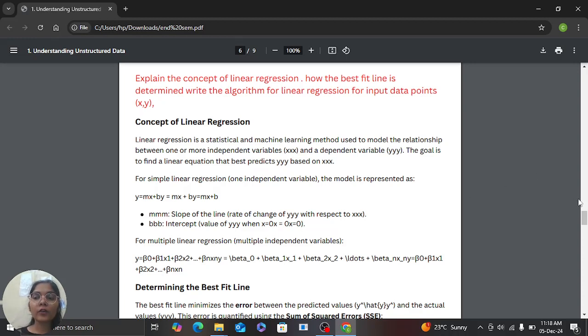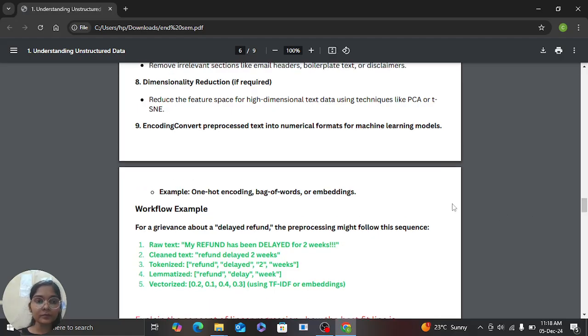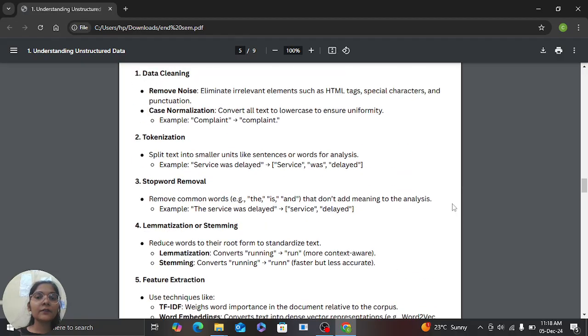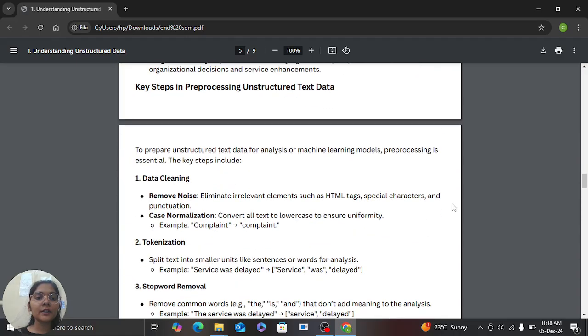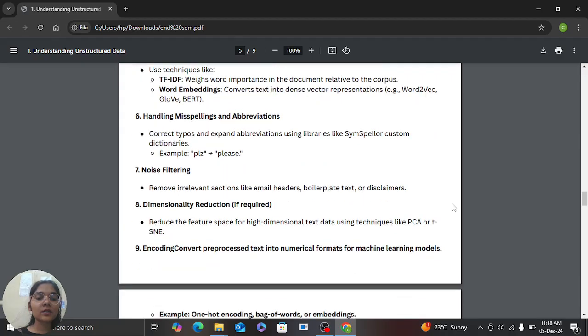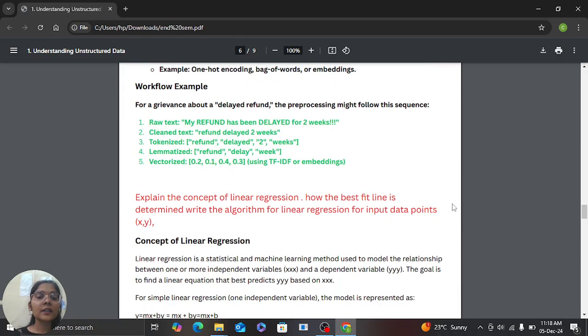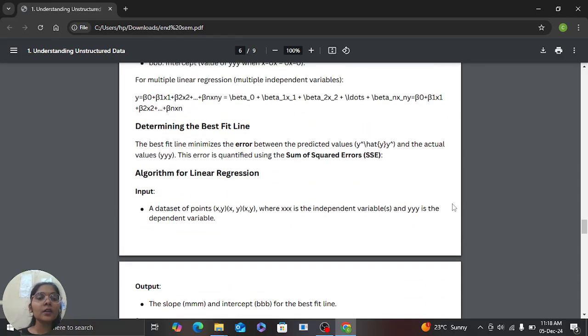Now moving forward, coming to the topic of best fit for linear regression. Let me show you the steps of how we can determine the best fit line. To determine the best fit of a line, minimize the error between the predicted values and the actual values.